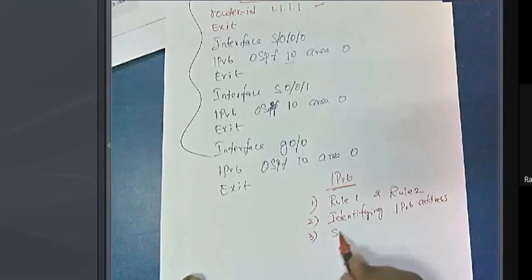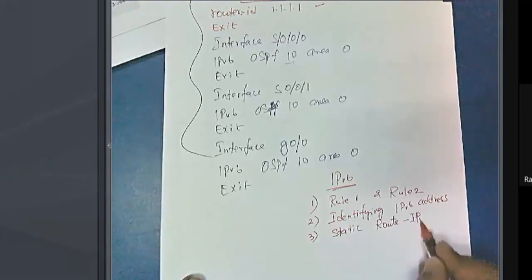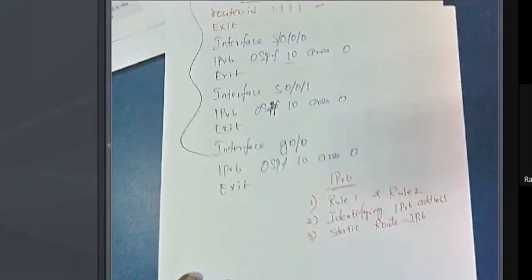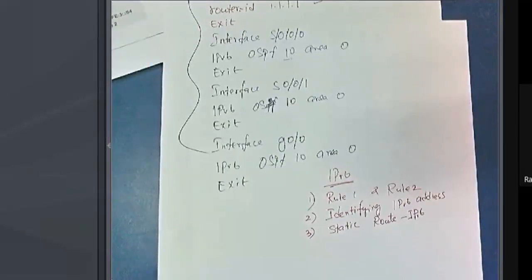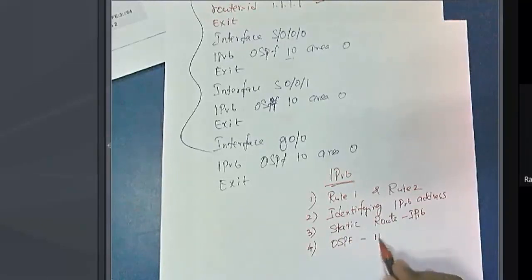Then the next one is static route using IPv6. Then the next one is OSPF in IPv6.